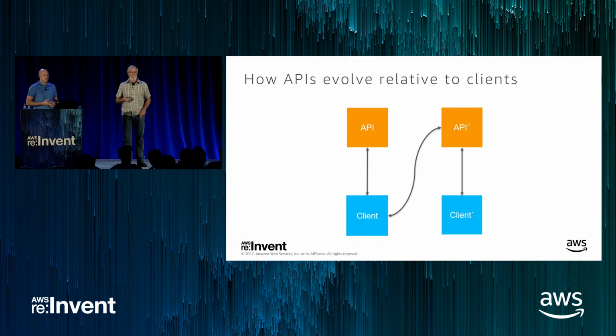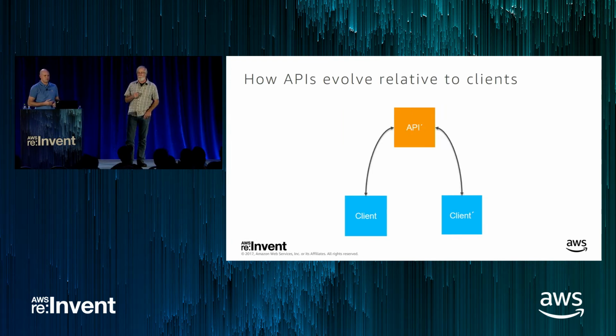And then if someone wants to take advantage of the new features, they can just upgrade to the new client. So if that's the case, we only really need to maintain a single version of our service. And that becomes much easier to work with, both for people who are consuming it and the people who are providing it.